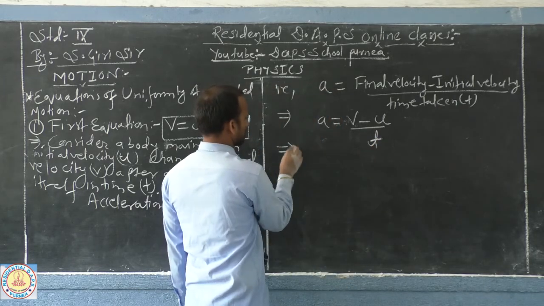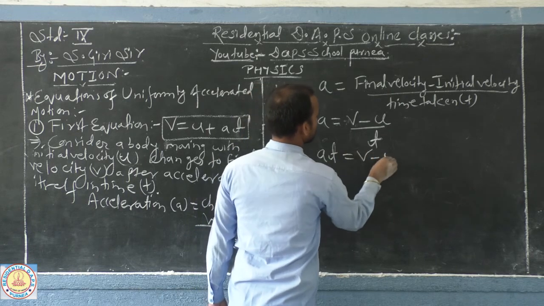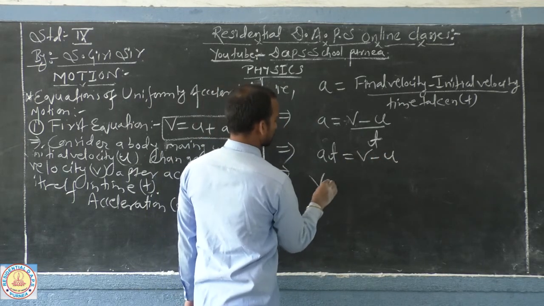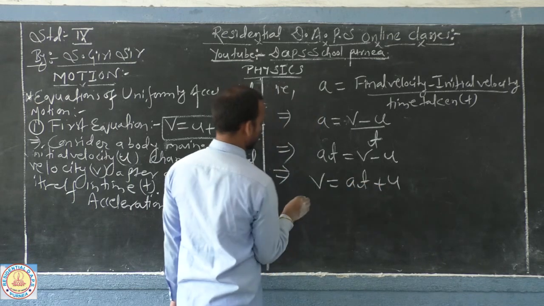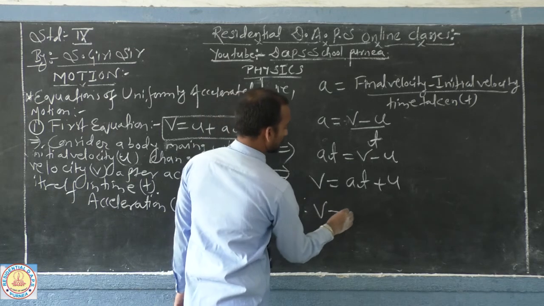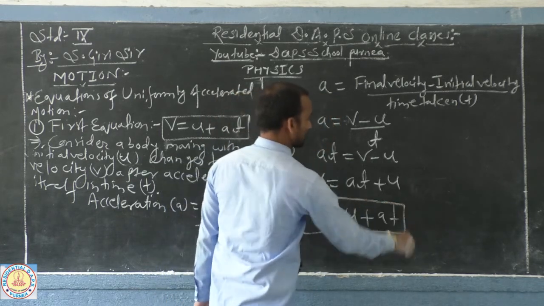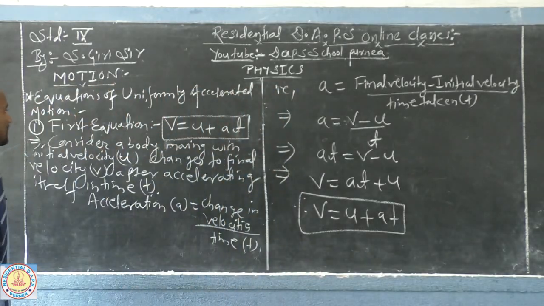Now just solve the equation. By cross multiplication you get a into t equal to v minus u. Rearrange the equation, take v to one side and send u to the other, and you get v equal to u plus at. This is the required first equation of a uniformly accelerated body.